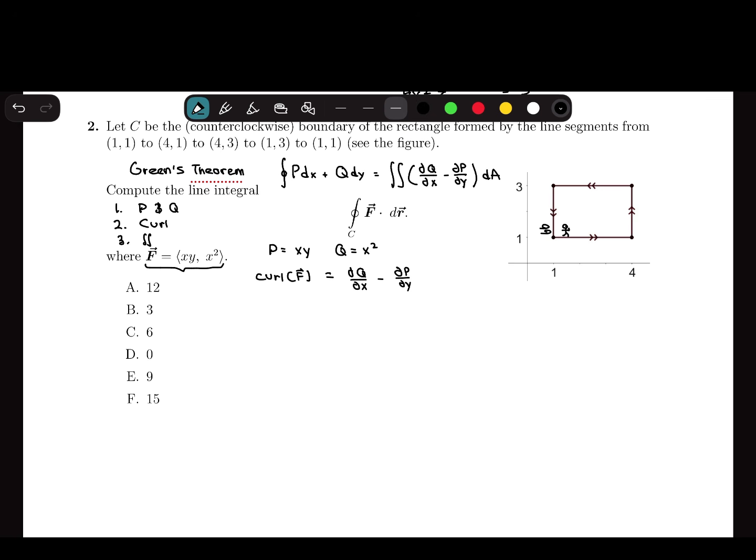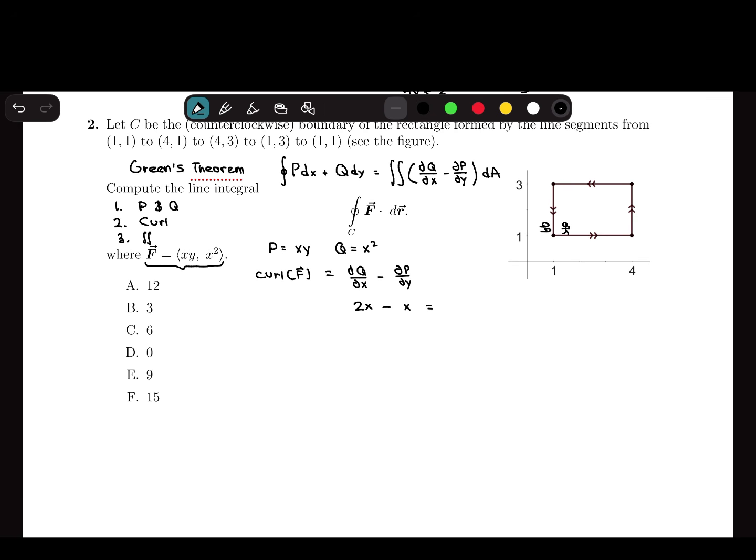So if we take Q right here and take the partial derivative with respect to x, you simply get 2x. And if you take P and take the partial derivative with respect to y, you just get left with x, because x is the variable, y is the constant. You subtract these two, and you simply get just x.